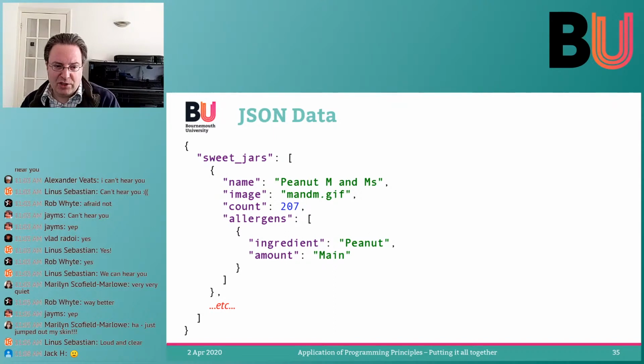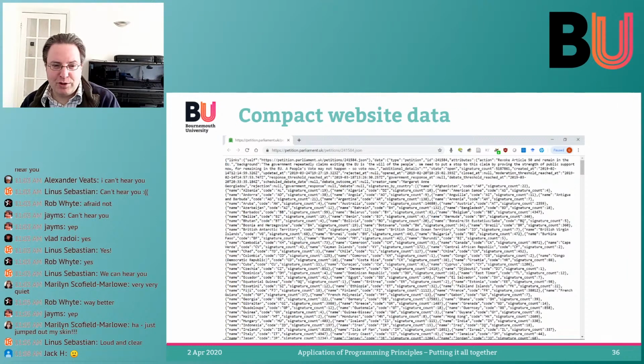And this is what JSON would look like. And when you look at a website, one of the things you are often going to see is that people try to optimize the data that they're sending. Okay, this is pretty printed JSON. That is very good for humans, but computers don't care.